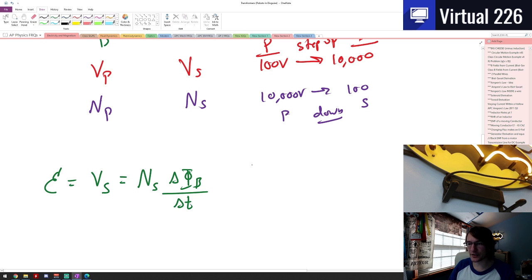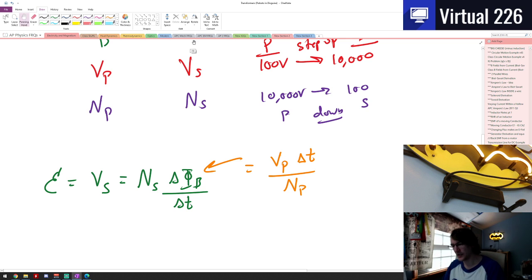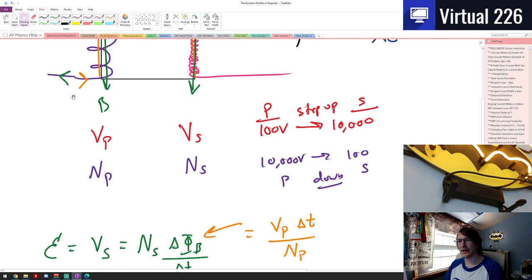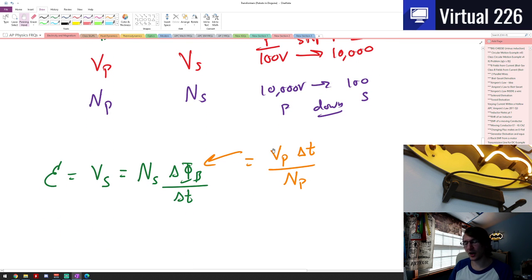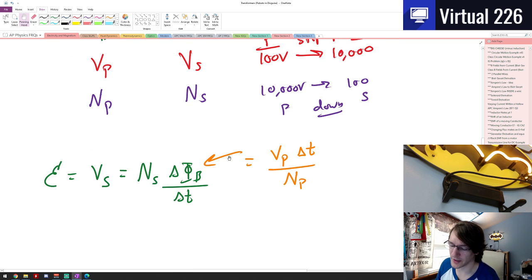And you actually know this flux amount. You know that has to be equal to the voltage in the primary coil times a change in time divided by the number of turns in the primary coil. Because as that primary coil is getting this current going through it, you can say that this voltage is being generated here in the primary, and we have a number of coils there that's causing this change of flux to occur.